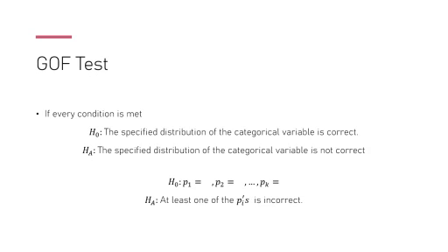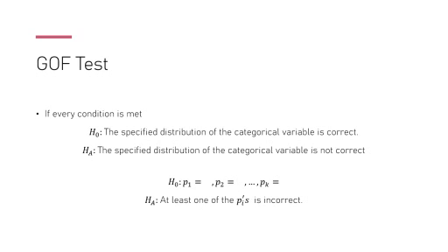This is again an example. You can reword it a little bit, but you want to talk about a specific distribution and categorical variable. The null is correct, the alternative is incorrect. Or if you don't want to do that, you can state what the proportion is for each category. Now, if you have 13 categories, that could be very difficult to write all those out, and then the alternative is that one of them is not correct.